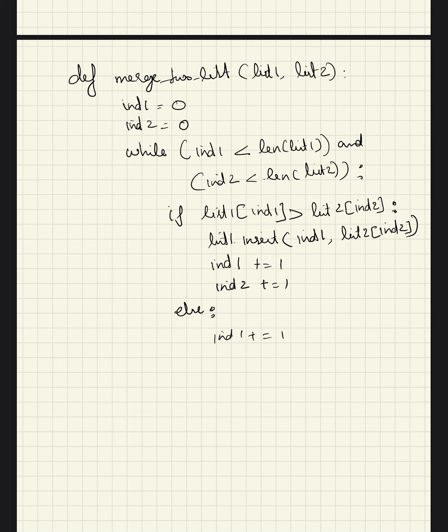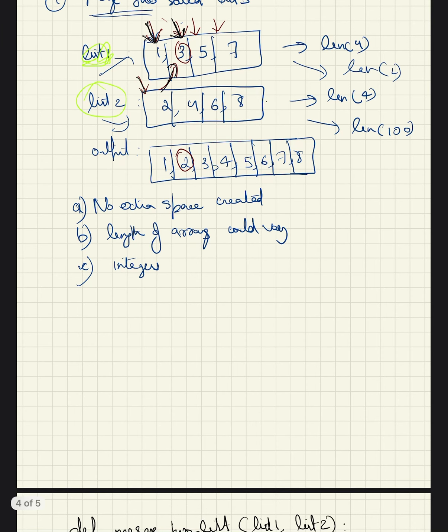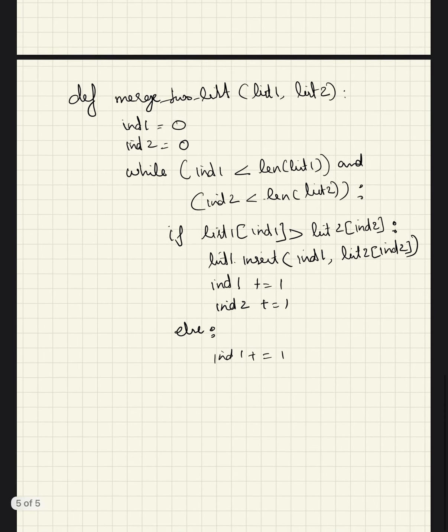Now at some point, once this while loop breaks out, we'll have a condition where, let's say, the smaller array, the list1, has been completed. We have finished iterating over it, but there are still elements of list2 that are still present, right? So in that case, what we have to do is just extend list1 with all the elements that are remaining in list2. So how can we check that?